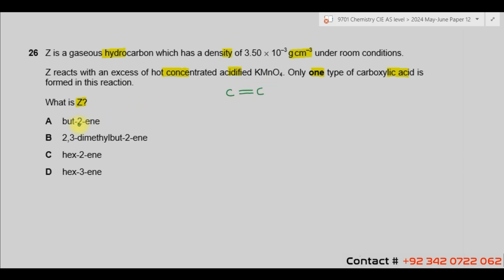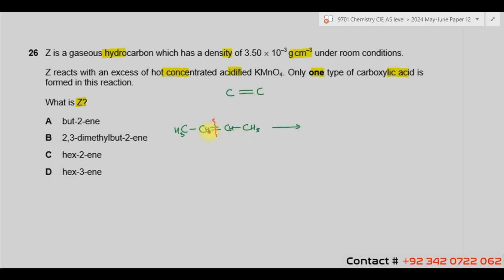Let's suppose for the first one we have but-2-ene, so 4 carbon atoms and the double bond is present between second and third. If this is used, then what will happen? There will be bond cleavage.